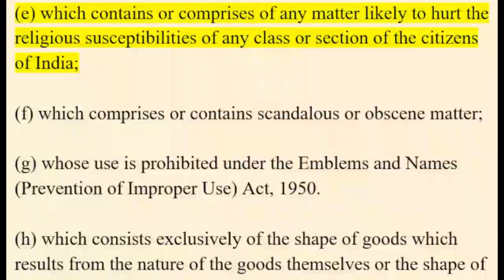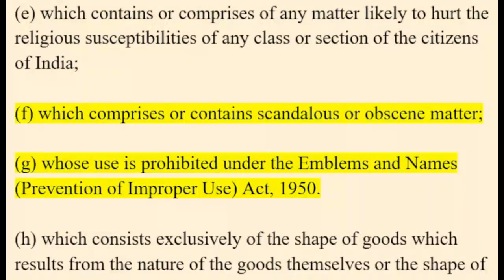E. Which contains or comprises of any matter likely to hurt the religious susceptibilities of any class or section of the citizens of India. F. Which comprises or contains scandalous or obscene matter. G. Whose use is prohibited under the Emblems and Names (Prevention of Improper Use) Act, 1950.